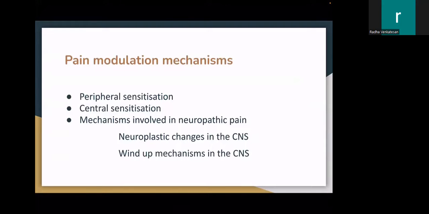Okay, now we will briefly see what are the pain modulation mechanisms which happen in our system. Broadly, we can divide them into peripheral sensitization and central sensitization. What is peripheral sensitization? We saw nociception. So in the periphery, or where the site of injury is, there is some chemical mediator release.